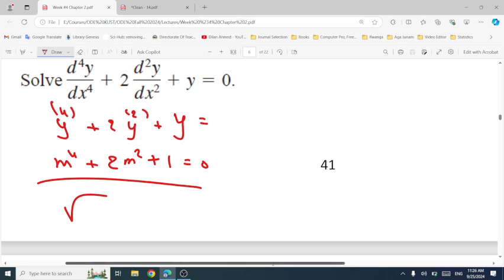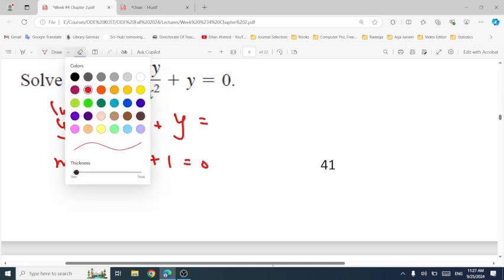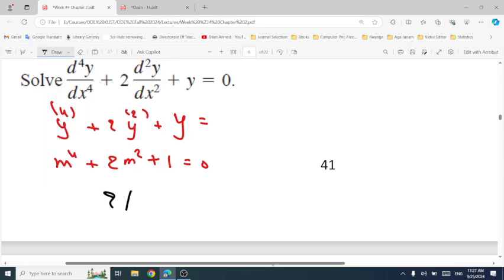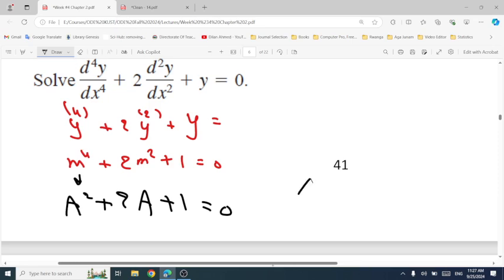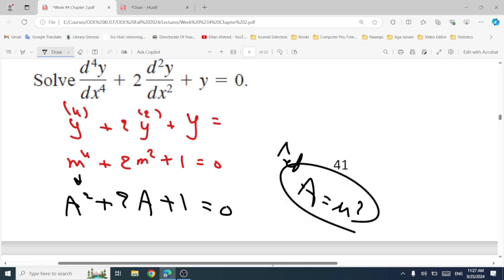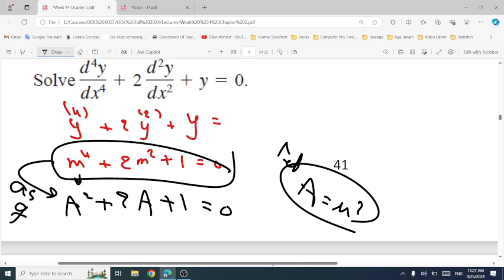If I change m squared to a, I'll get what? Is that clear? I say let a be m squared. Can I do like that? You can solve this one as a quadratic.